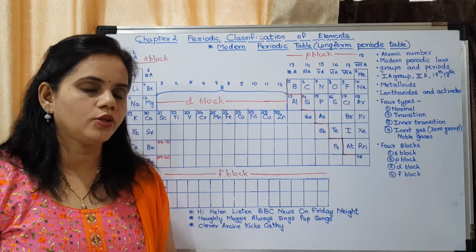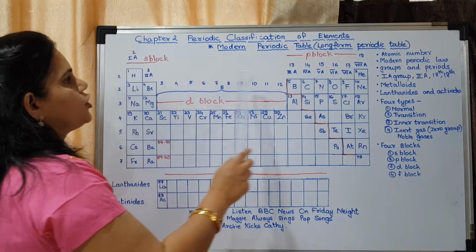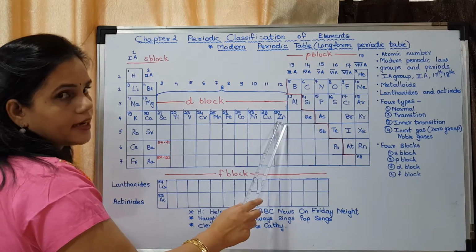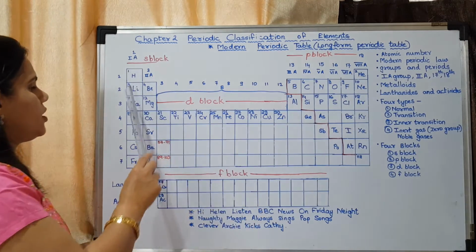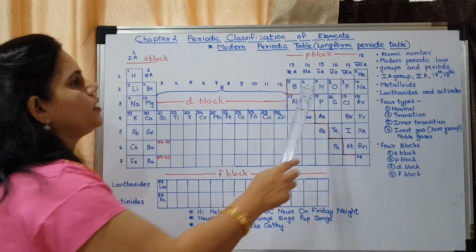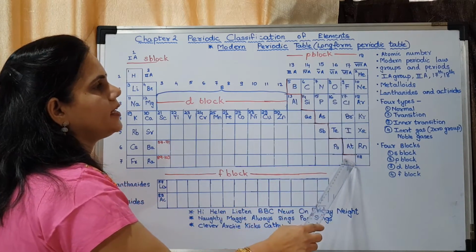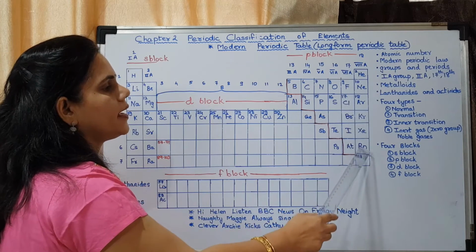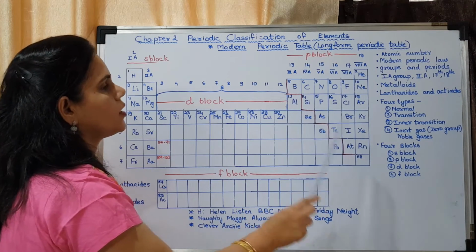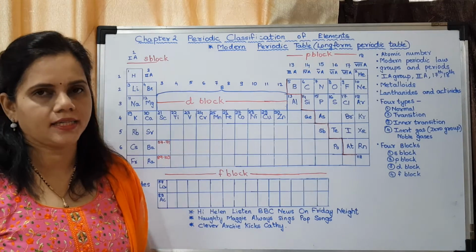You are covering the first period till here. You have to learn the first group, second group, 17th group, 18th group and the metalloids.